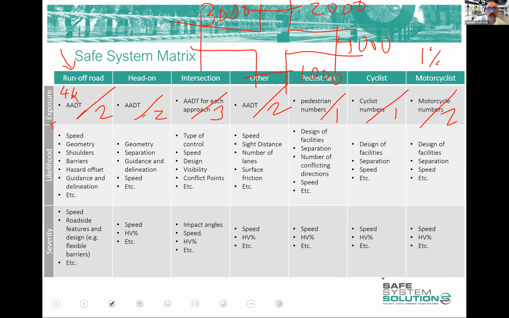I don't know if that would actually work out. But what you would do there is take the higher of the two. So it'd be 4,000 again plus 2,000 to get to your 6,000. If that makes sense. You're trying to look at the maximum numbers through this intersection, really, is what you're aiming at.